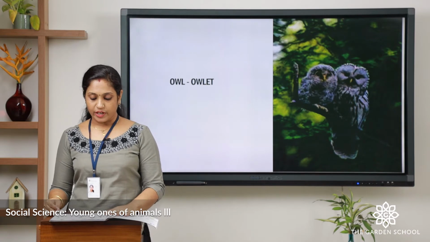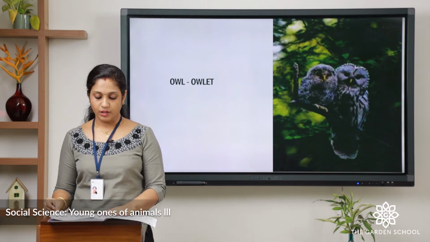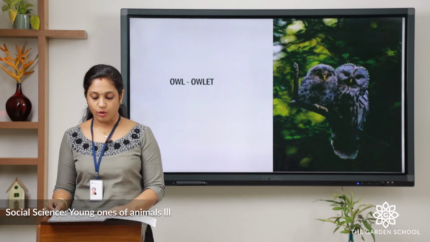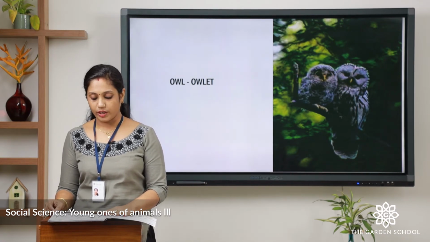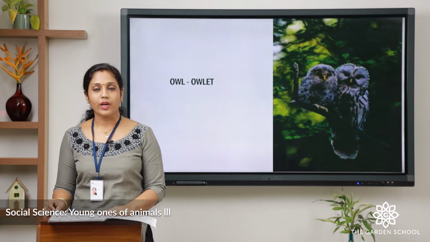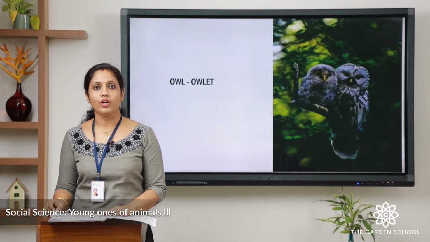In the page number 3 itself, you can see an activity. Tick the things you can do on your own and cross what you cannot do on your own. What all things you can do and what all things you are not able to do on your own. In the first picture, you can see a girl tying lace. Are you able to tie a lace on your own?